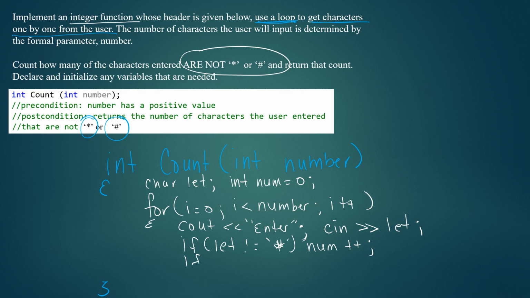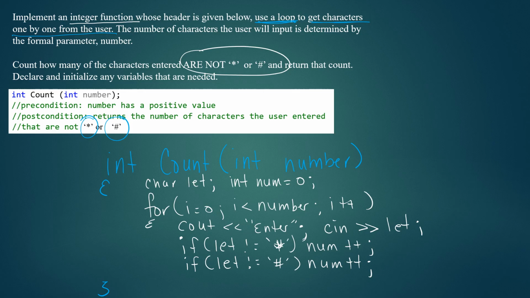And you could do it more than one way. You could do it with logical and possibly, but I'm just going to do it straight up each one. I feel that this would work: if let does not equal hashtag, num plus plus. So let's see if that would work.